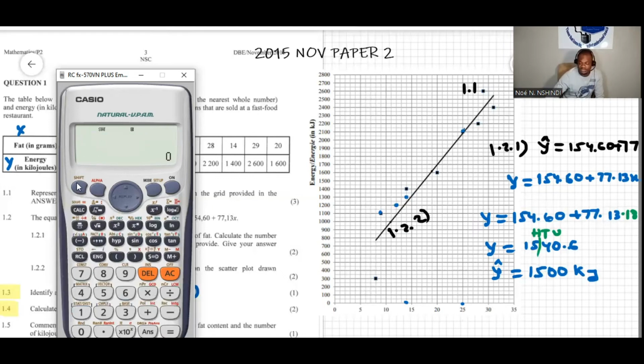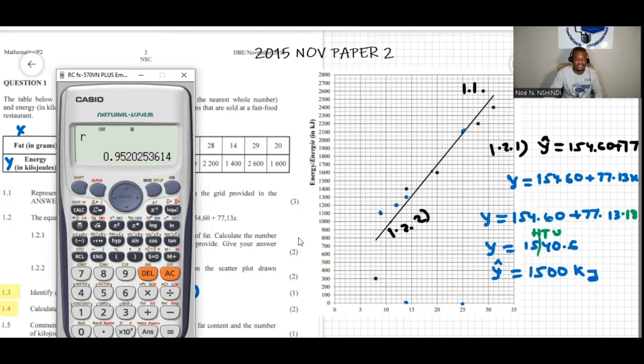Okay, now we press AC, then shift and 1 for stats, then 5 for the regression line, and then 3 for r, and when you press equal, voila. This is the correct calculation. It tells us that r equals 0.9520.